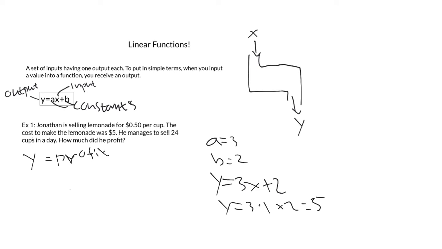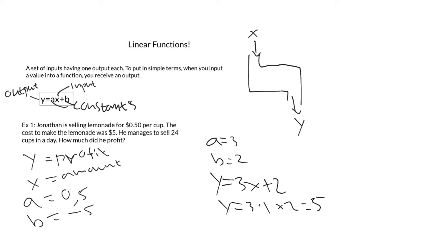Sorry, my handwriting is not the best. x is the amount of cups sold, since it's the input, and a is equal to 0.5, since it's 0.5 dollars per cup. And lastly, we have b, which is going to be equal to minus 5, since the net profit at the beginning is minus $5.